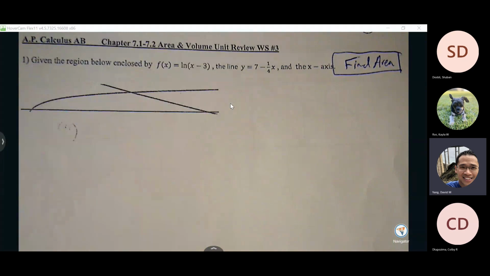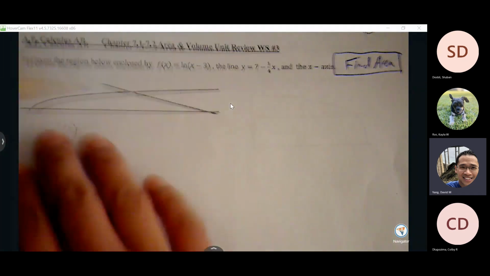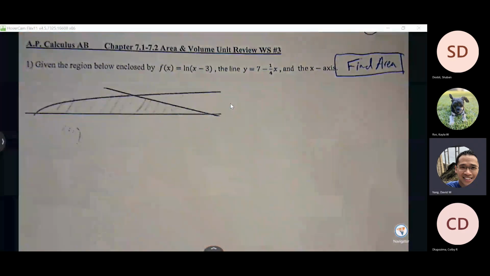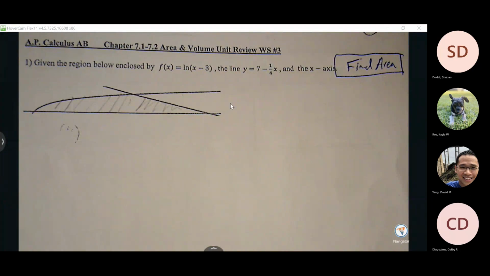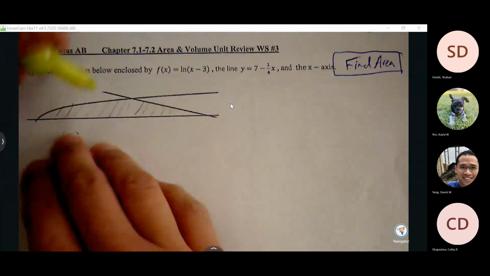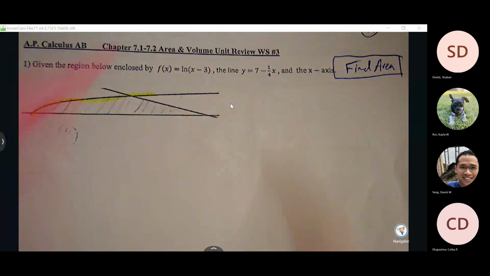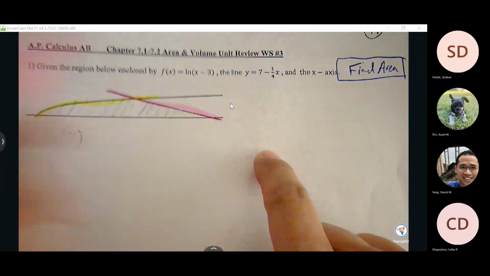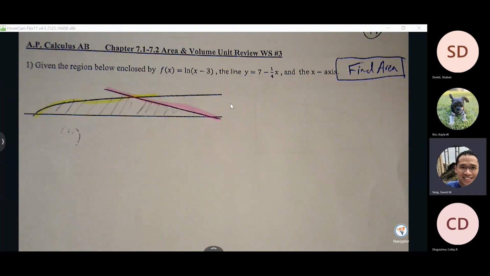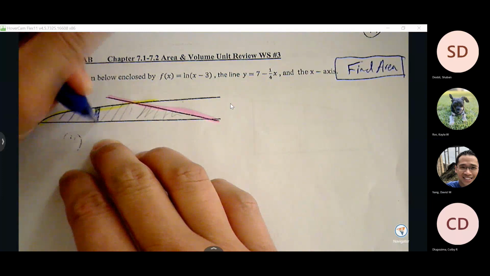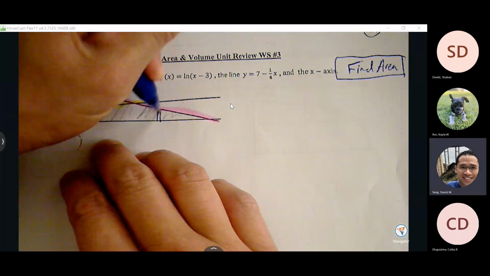With top minus bottom, we're going to have to rely on two separate integrals. The reason why is because we have two different top functions. If I graph, if I draw vertical rectangles, depending on where I draw the rectangle, there's going to be a different top function, or the top of the rectangle is hitting a different graph, depending on the region, right?